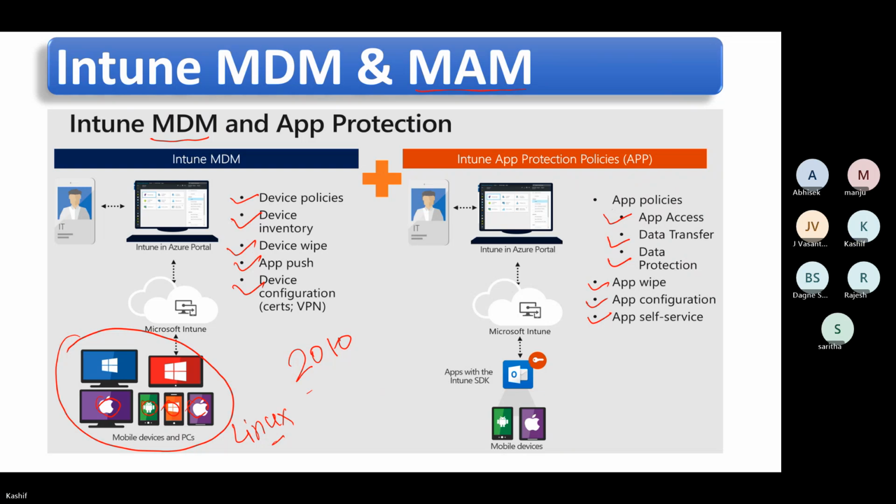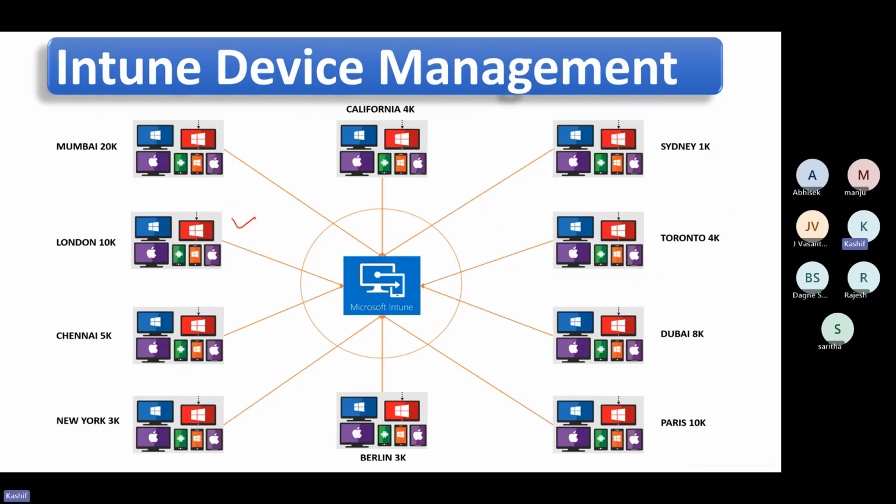Now, coming to the next slide, which talks about how Intune manages devices all over the globe. Let's assume you have an organization, for example, ABC Private Limited. The company headquarter is in New York, which has 3,000 devices.